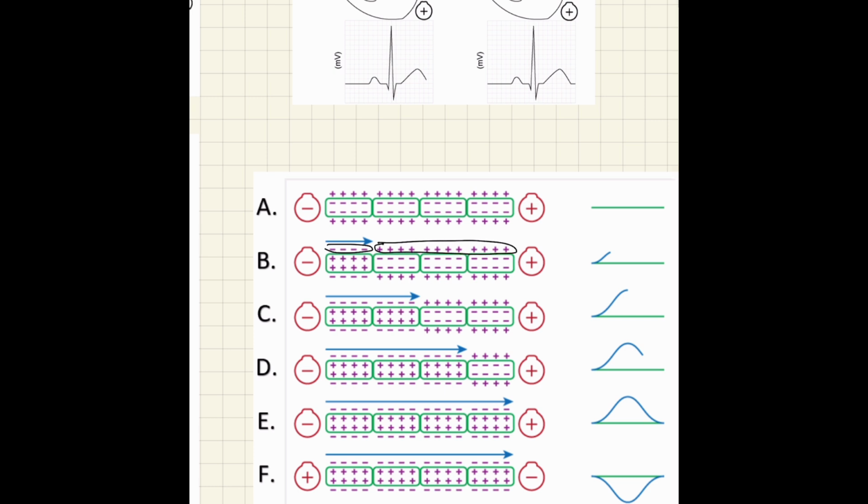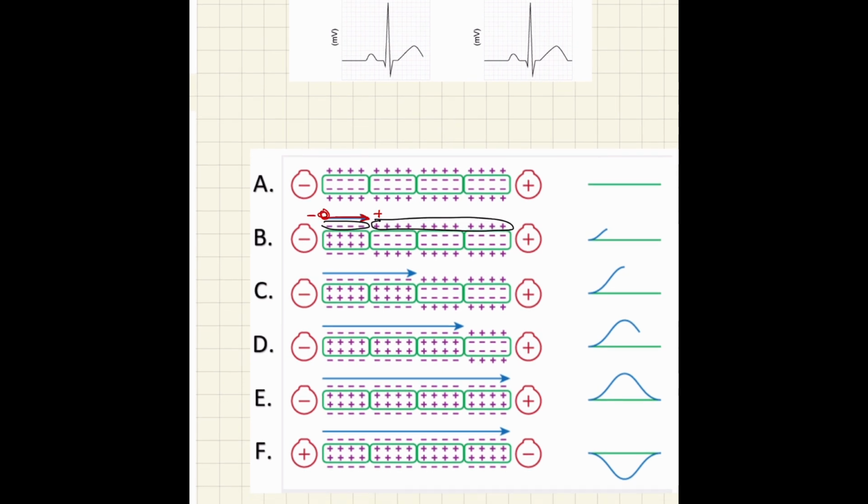But then we can create a vector right here that points from negative to positive. And when that vector points with a negative tail, which is this part right here, to a positive sensor, then we always deflect up. Like this, right?